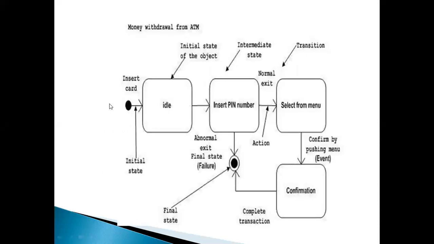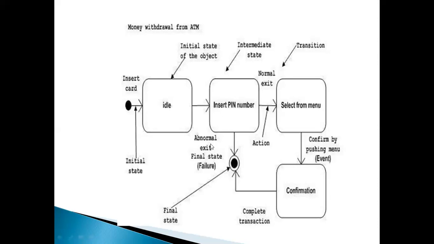See, this is the initial point of the process. Here, insert card. Starting, it is idle. The initial state of the object is idle. The next, insert pin number. This is the intermediate state. If you insert a wrong pin number, then it goes to abnormal exit and final state. Then the result is what? Failure.